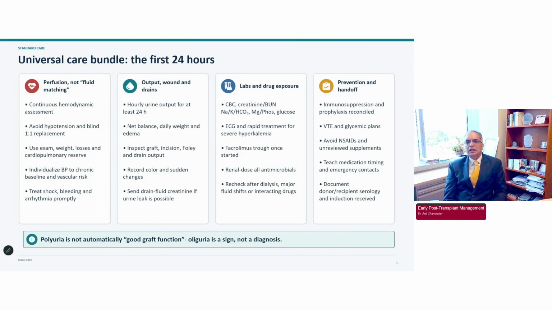And then in terms of things that you might expect to be taken care of, but may need to be checked very specifically, are the immunosuppression plans and prophylaxis. Make sure that you think about venous thromboembolism and glycemic plans.